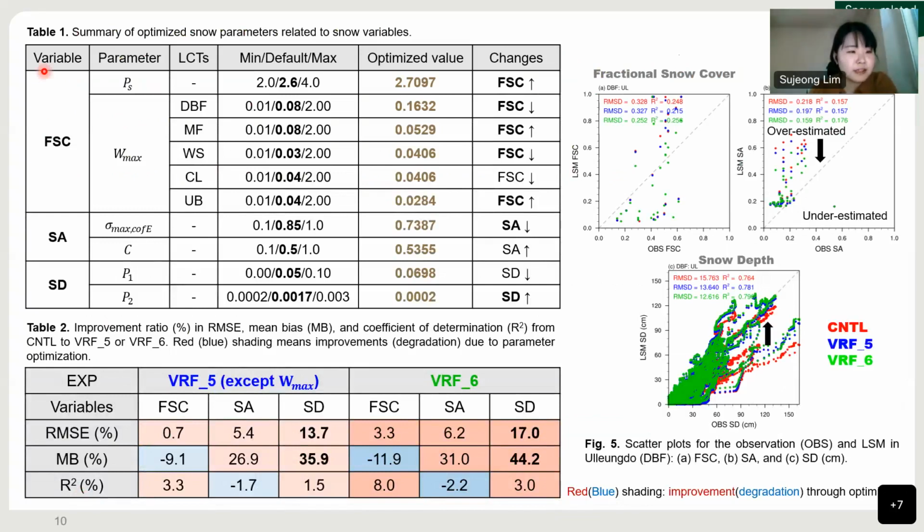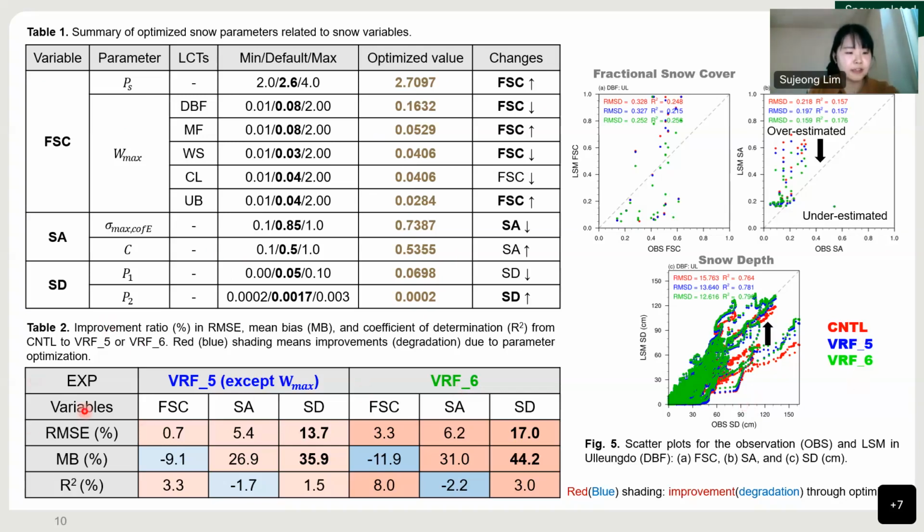Table 1 summarizes the optimized snow-related parameters. Within a prescribed range, based on the previous work, micro-GA finds an optimal value. As a result, the snow variable will increase or decrease depending on the parameter change. Figure 5 shows that overestimated snow albedo and underestimated snow depth are alleviated in PRF6 experiment.